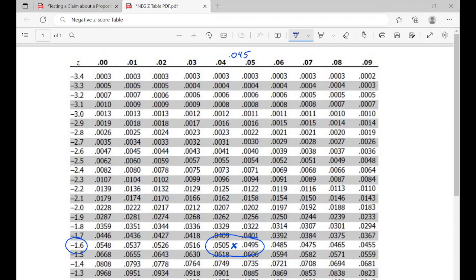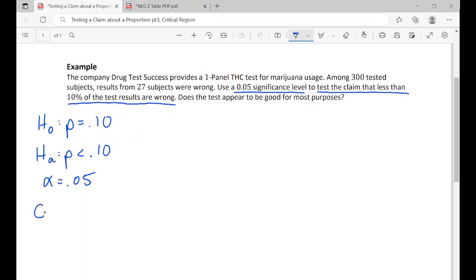So negative 1.645 will be our critical value. The critical value is going to be z equals negative 1.645. Because it's a left-tailed test, we make sure that our critical value is negative.